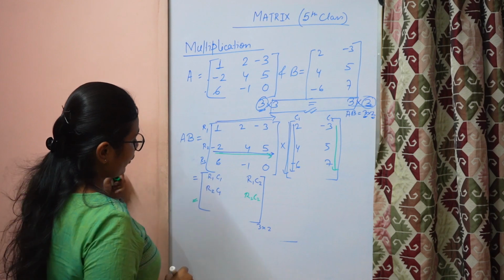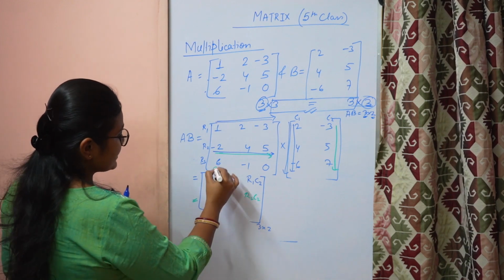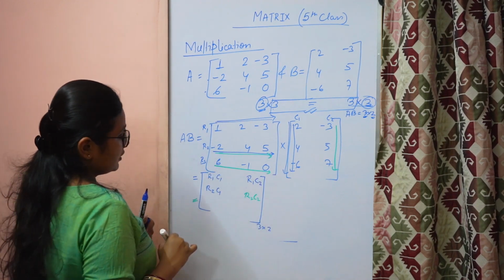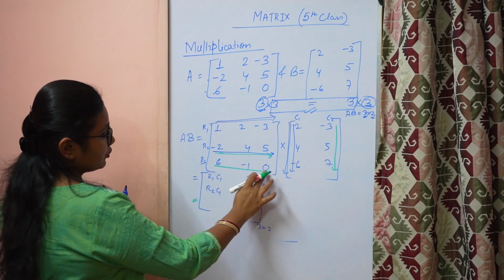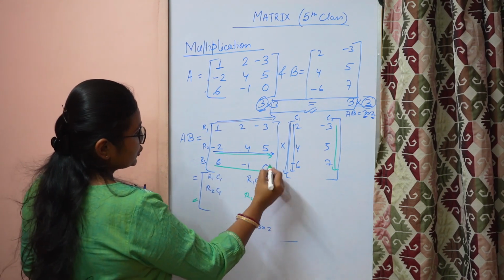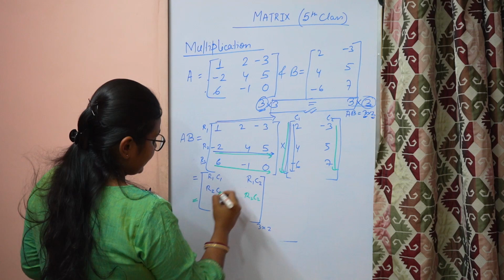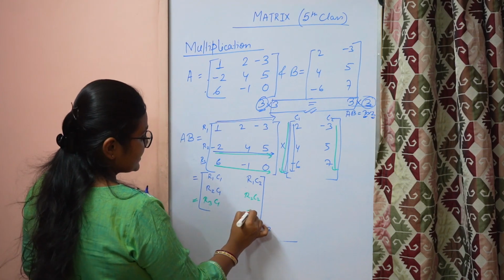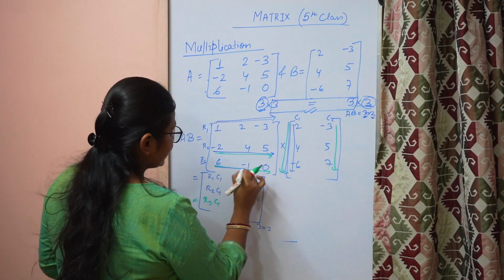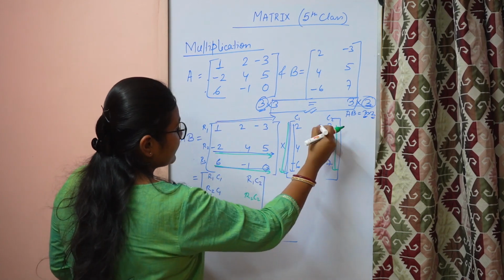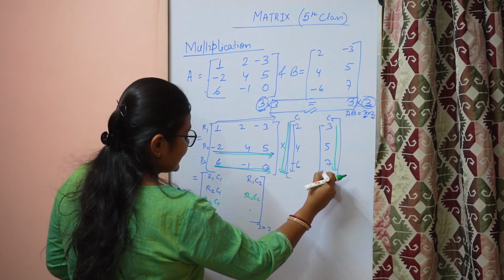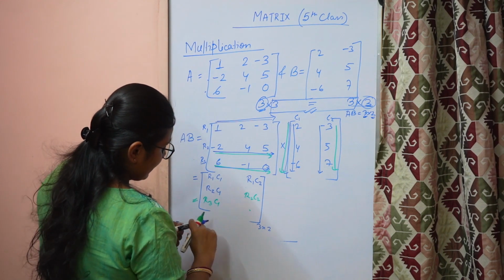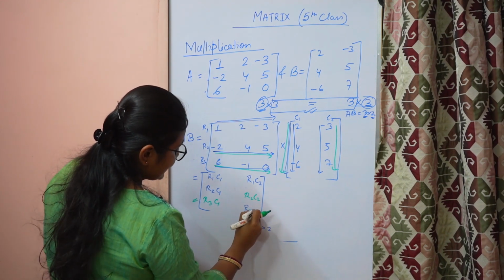Now the third row: it will be R3, C1 and R3, C2.